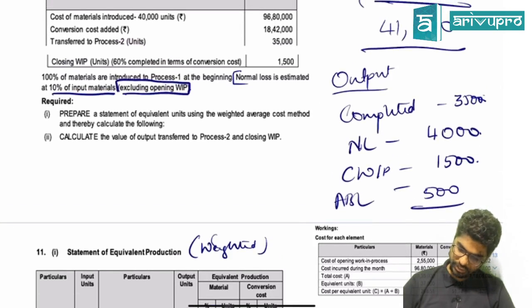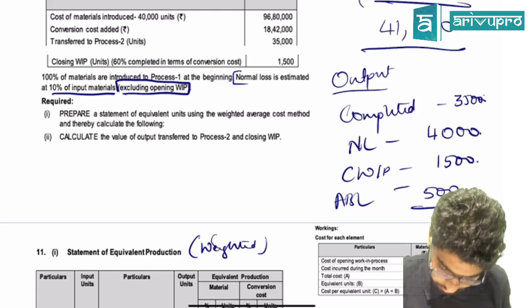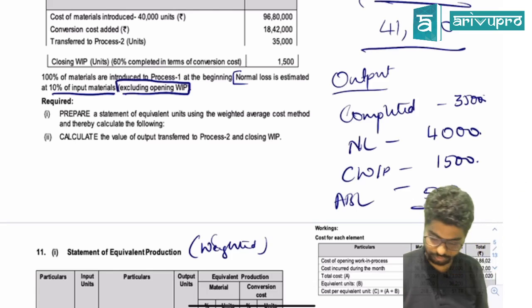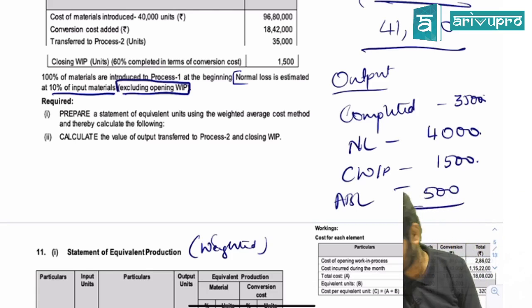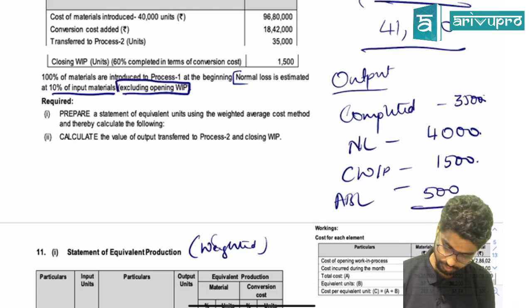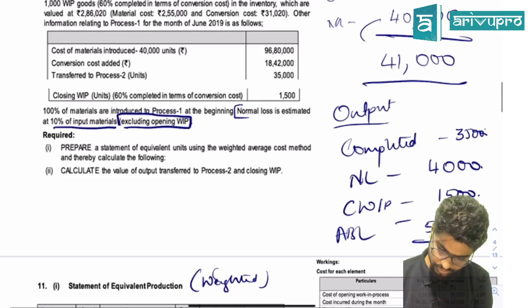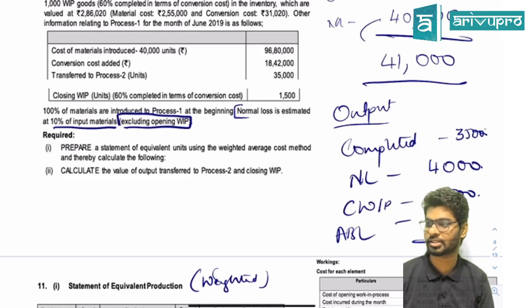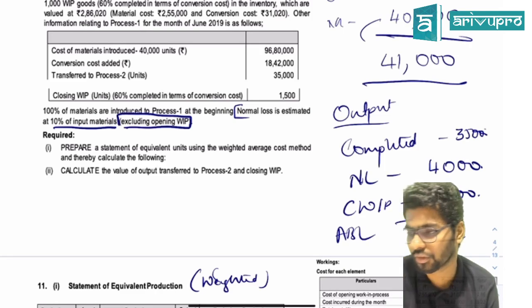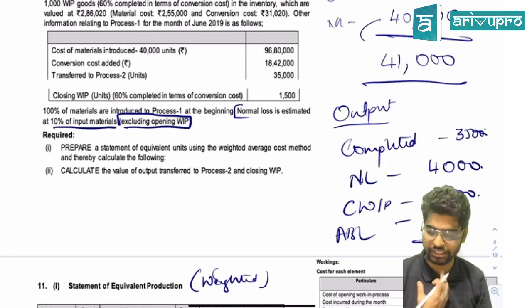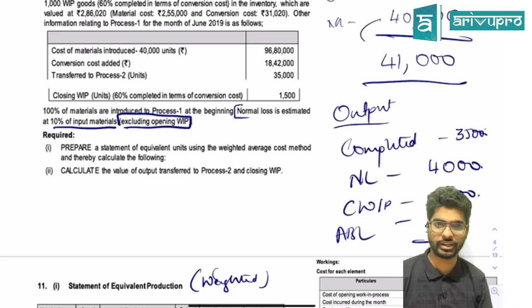Now see here, abnormal loss. See if there is any information given in terms of the abnormal loss. No. If nothing is given, then you have to assume, right?